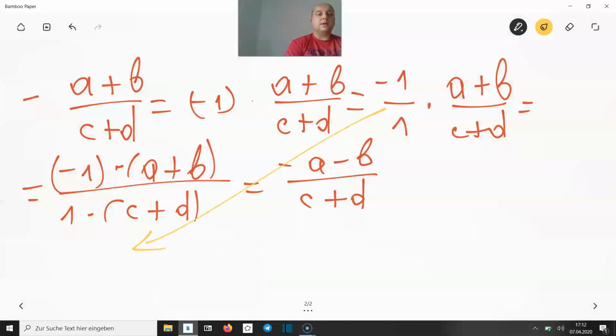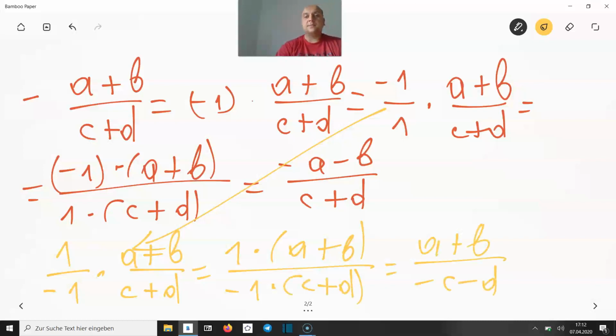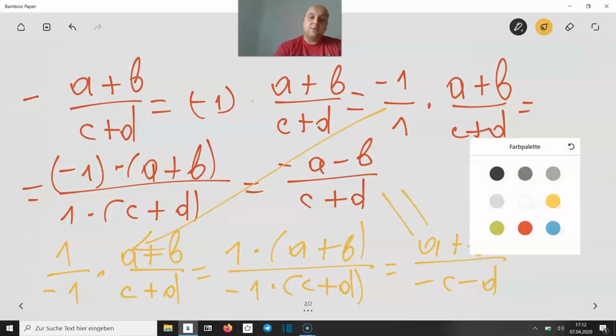Look here, we can write it also as 1 divided by minus 1, which is a plus b divided over c plus d, which is 1 times a plus b divided over minus 1 times c plus d. So we have a plus b, and now we change the signs in the denominator, as you can see right there. So they are both equal, but which is more preferable?